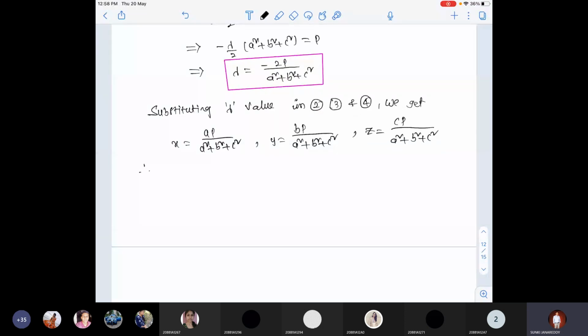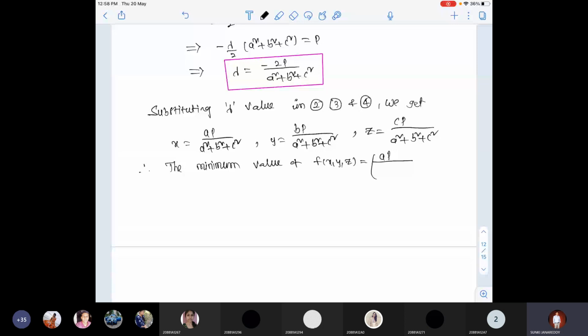Okay, next. Our aim is we should find the minimum value of the function f of x comma y comma z, which is equal to x square plus y square plus z square.